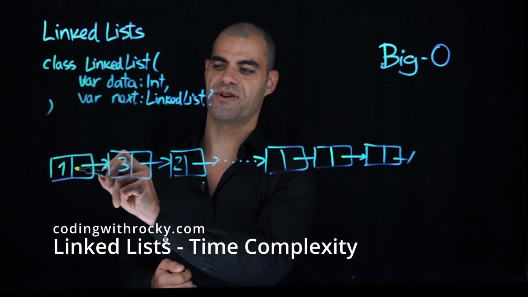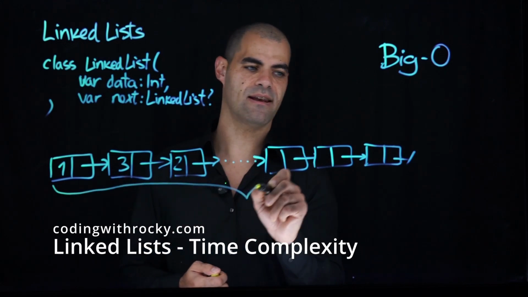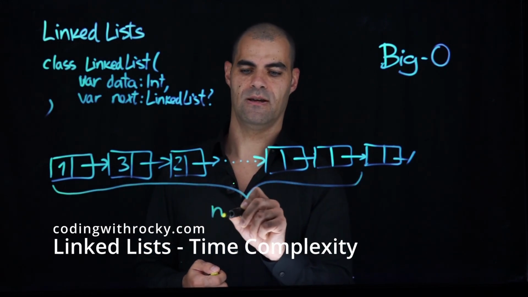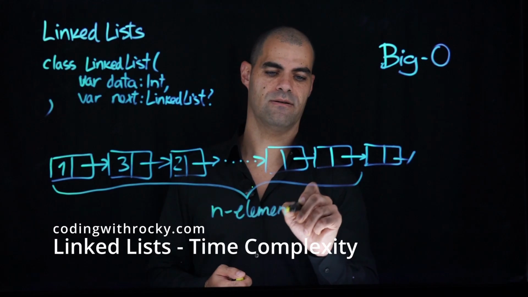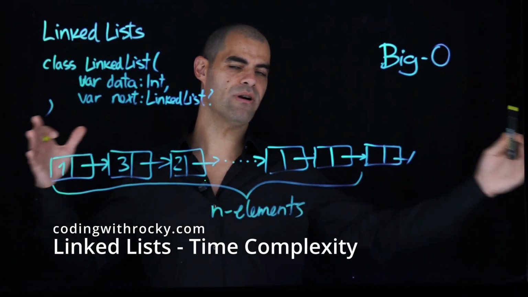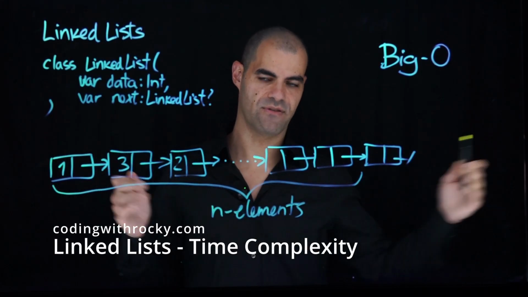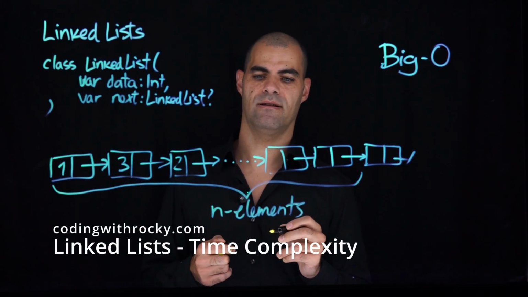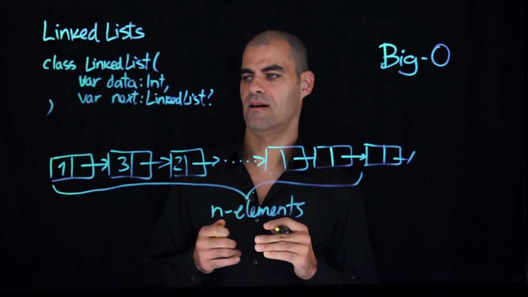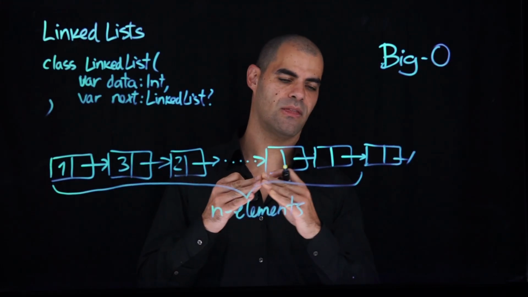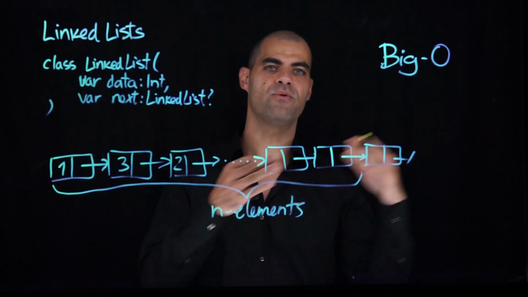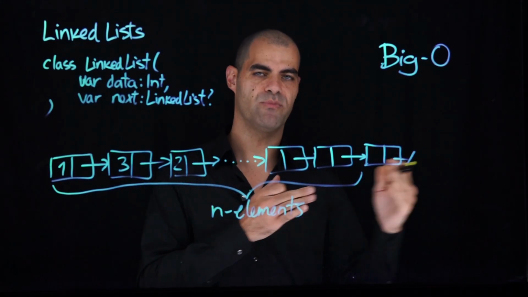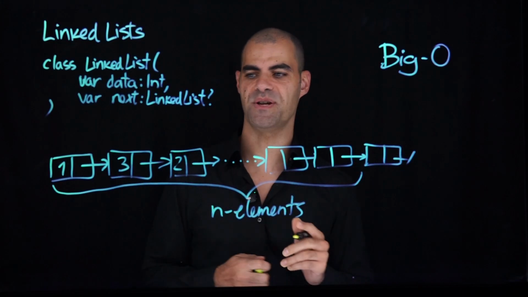We have to traverse all these n elements here. And the more elements we have, the more we have to traverse, which means that this is linear with the increase of the input. So the more input you have, it linearly increases.